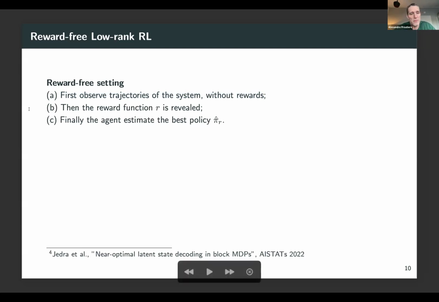The reward function is revealed. And from your data and the reward function, you can essentially estimate the best policy pi hat of R, a function of the reward function. This reward-free setting is popular because it's very convenient when you think about multitask RL for robotics, for example.